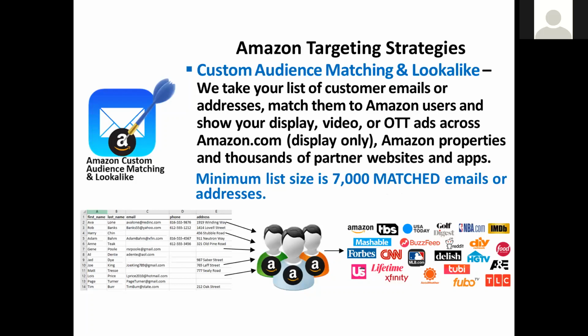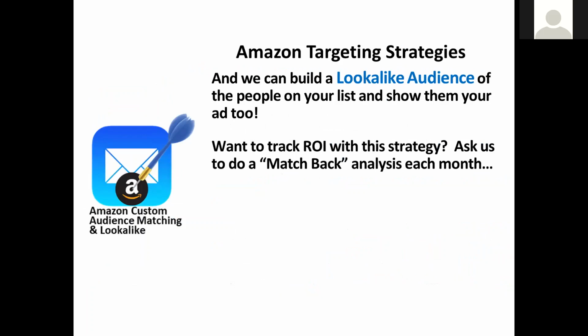And to be able to do that, we are going to need a pretty significant list, about 7,000 matched emails or addresses. So you're looking at a customer list of probably close to 10,000 or so.